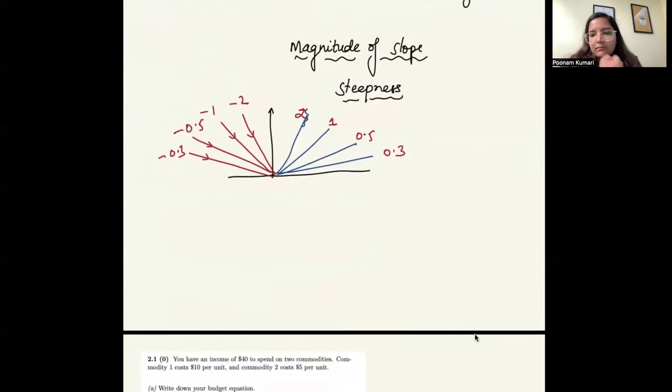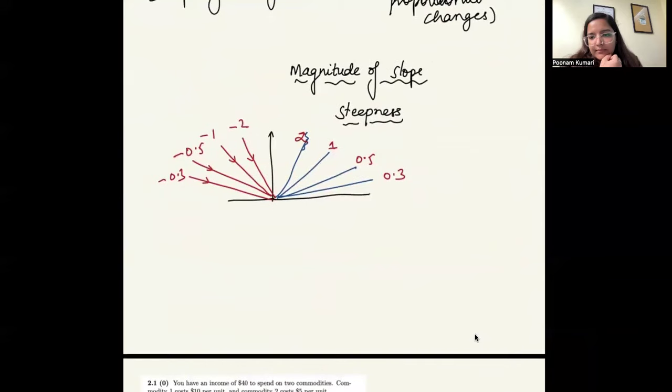Chetan, is that okay? Ma'am, steepness means more slope, means the market rate of exchange is more. Chetan, can you please unmute yourself and talk in one go because it's taking a lot of time.